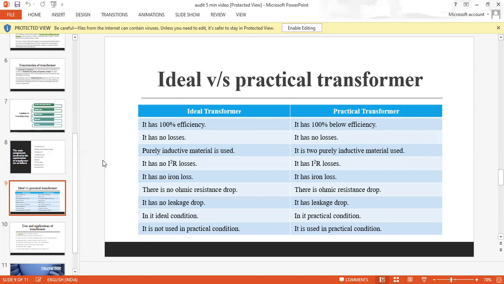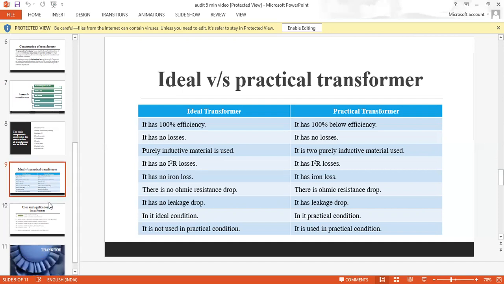It has iron loss. There is ohmic resistance drop. It has leakage drop. It is used in practical conditions. These points were regarding the practical transformer. That's what the ideal and the practical transformer are, and how their characteristics differ were listed in this PPT.